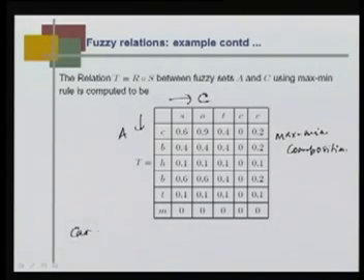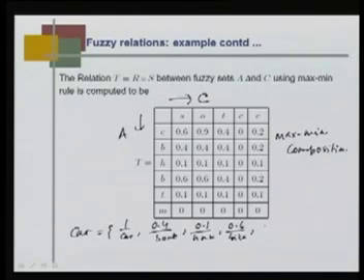So, my car was 1 upon car, 0.4 by boat, 0.1 by house, 0.6 by bike, 0.1 by tree, 0 by mountain. This is my A, and C is corner.